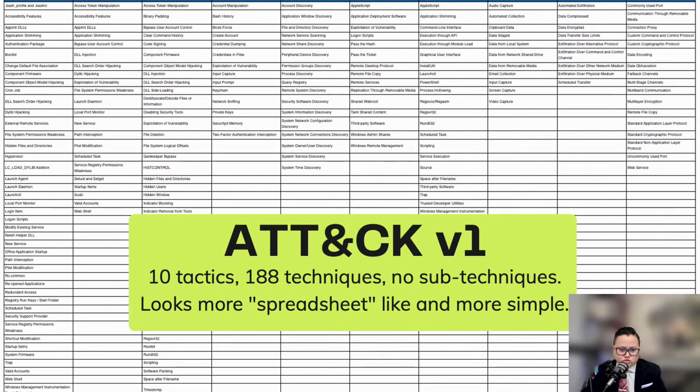I thought I would also show you what the first version of ATT&CK looked like. It was very basic, very spreadsheet-like for sure. It only had 10 tactics at the top and 188 techniques, but no sub-techniques.